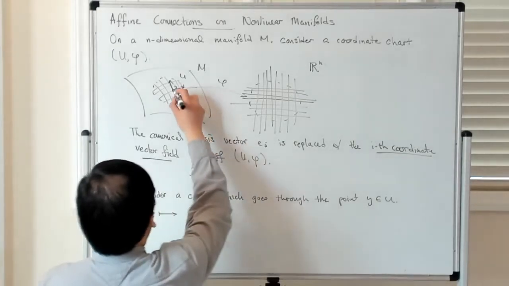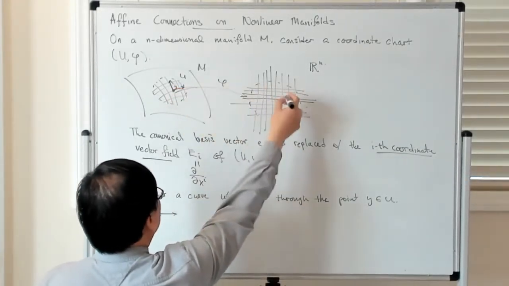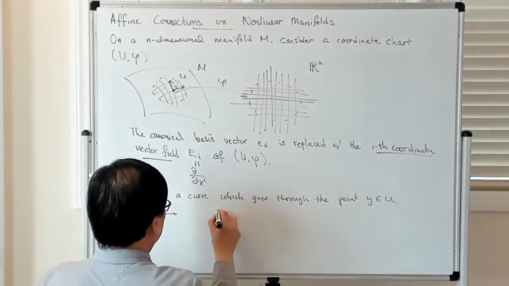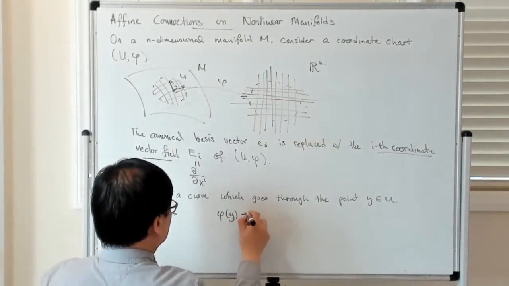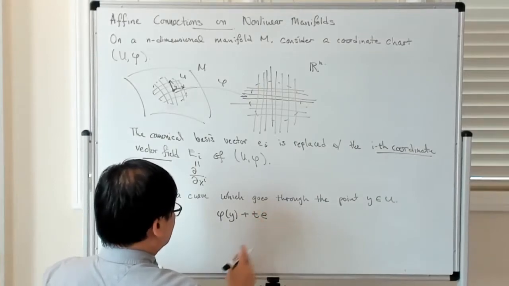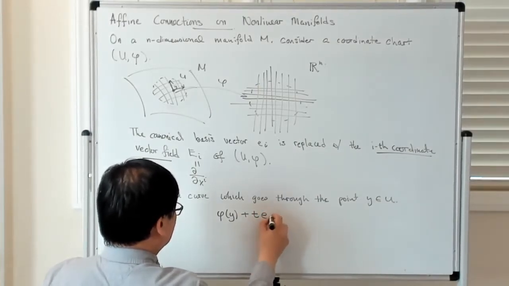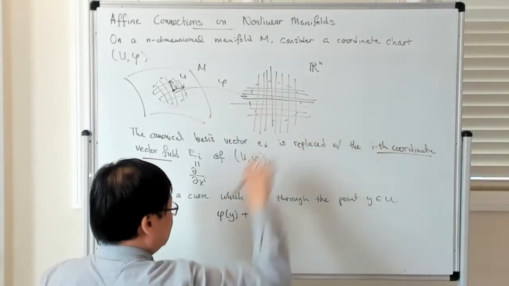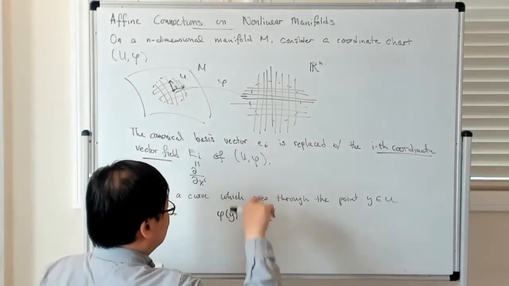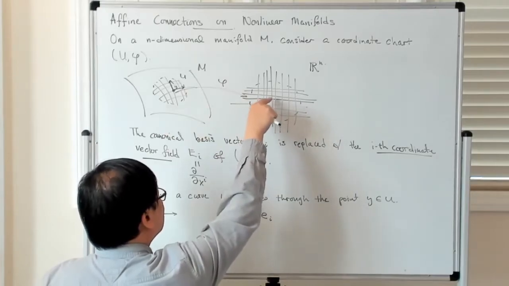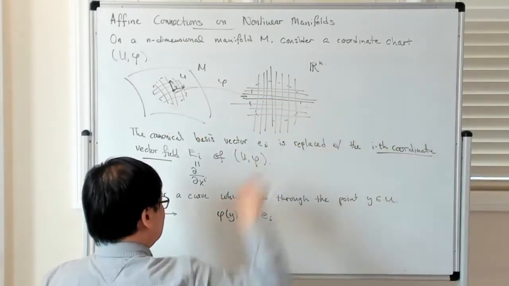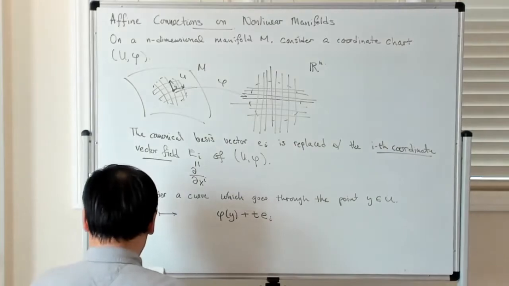So you take this point y and look at its image under the coordinate map. Now this is in Rn, so I can add t times e_i. This is now a curve which goes through the image of y under the coordinate map at time t equals 0, and then goes in the e_i direction as t varies.